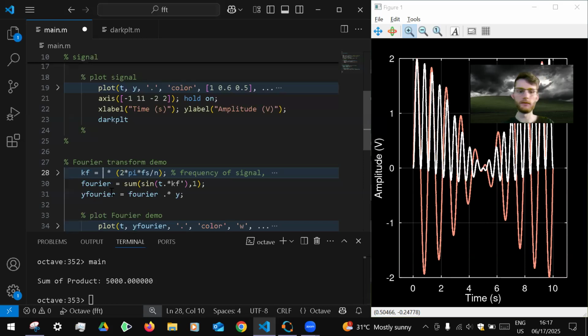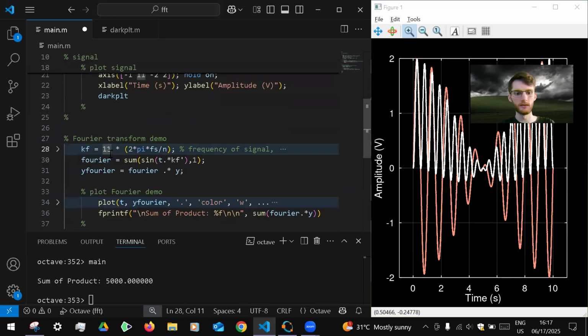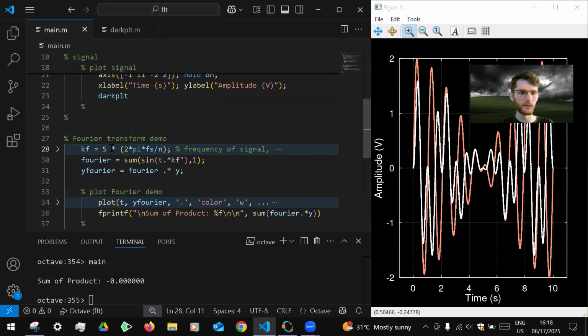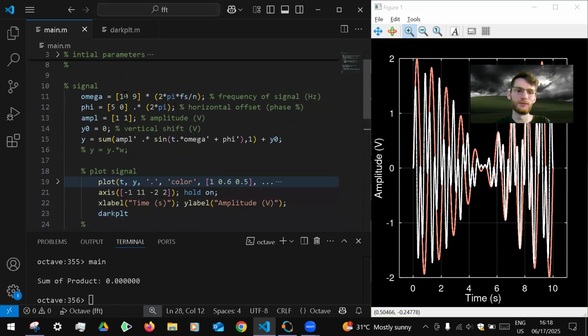But what about 11? I'm adding 10 cycles, 9 cycles, and now I have 11. Let's just see what happens, and the area is 0. All right, what about 5? Nope. What about 20? Nope. What if I just shift things around a little bit? So let's see, 5, 6.